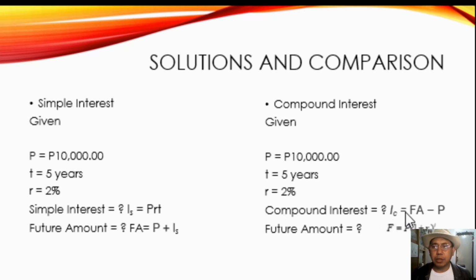Again, the compound interest is computed by having the difference of final amount minus principal, but you cannot compute the interest if you do not have already the future amount. The future amount would be principal multiplied by the quantity 1 plus rate, close parenthesis, with an exponent of t, which is the time. So that would be our working equation in the compound interest.